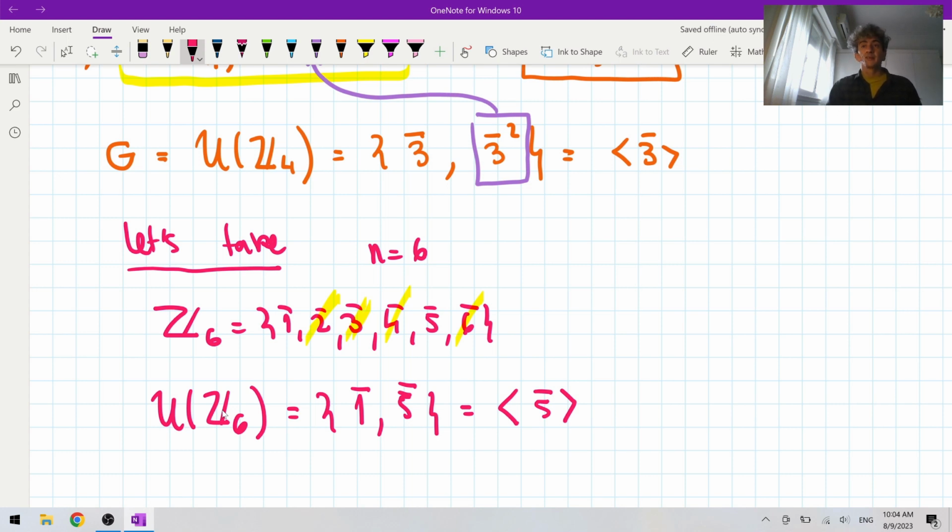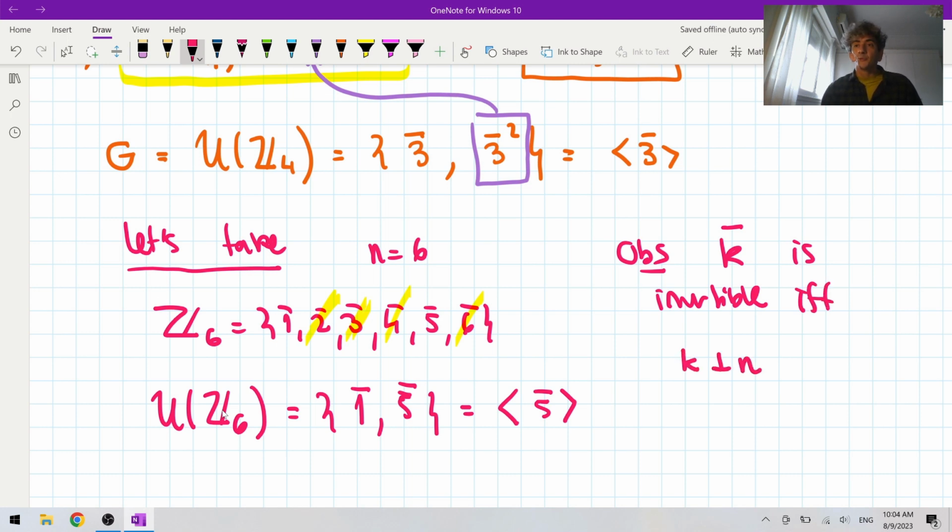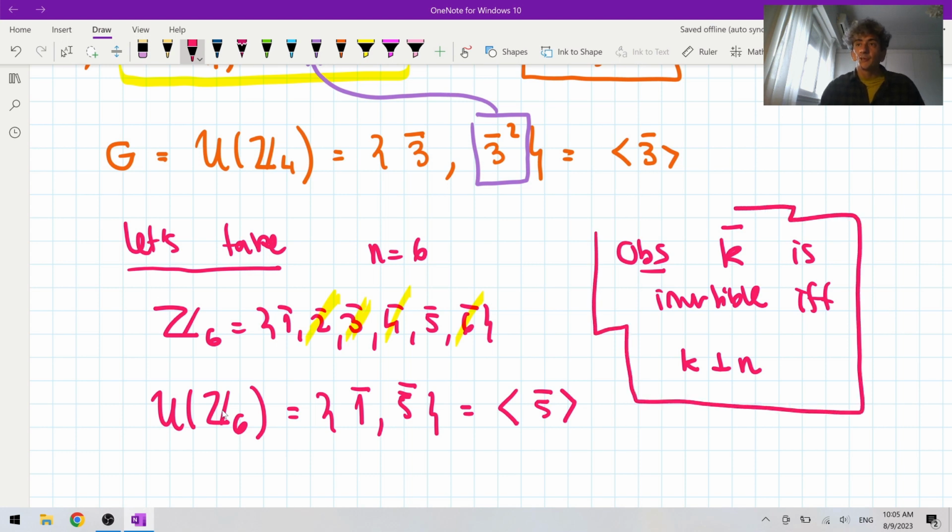Okay, so observation: the class of k is invertible if and only if k is coprime to n, that is, to have no common factors with n.